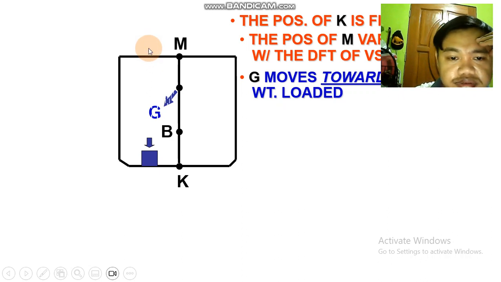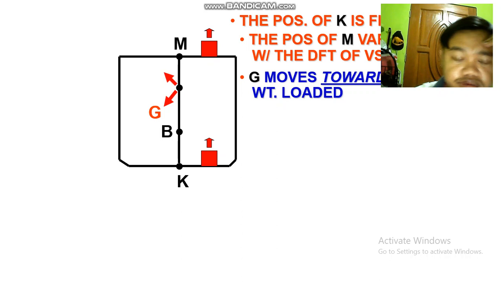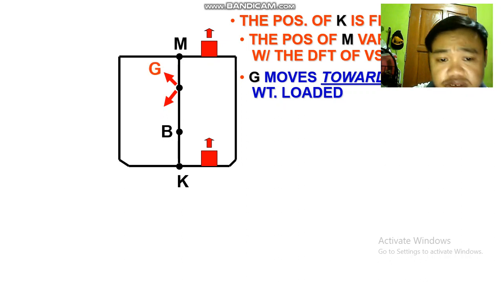Opposite to that is when, for example, you shift a weight from the lower side of the ship to the upper side of the ship. Then the center of gravity will move upward, thus KG increases.